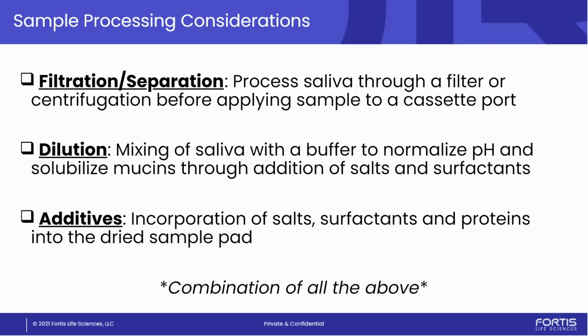Because you really want to resolve this before it hits the cassette, in a lot of cases on the standard design, because it just won't absorb into the sample pad. And the viscosity will be to a point where the absorption of the liquid phase is going to be too slow. That means your assay kinetics are all going to change. So you've got to be very careful of that.